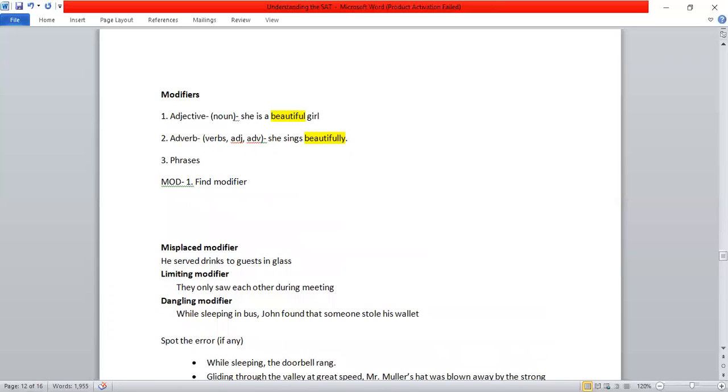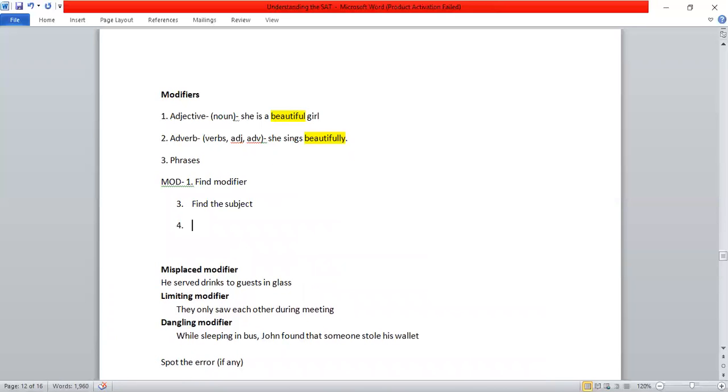Then step 2, you ask yourself, where is the subject? Subject of the modifier, not the subject of anything else, subject of the modifier. And then you tell yourself, place them next to each other. So you ask yourself, are they next to each other? And then you tell yourself, no, I have to place them next to each other. So the subject and modifier should be next to each other.